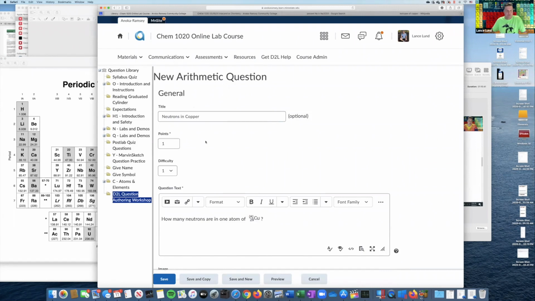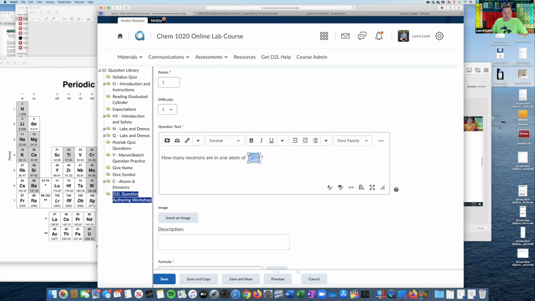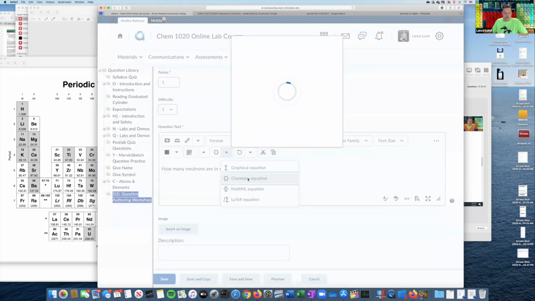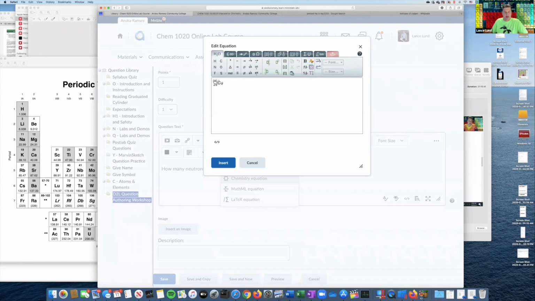So now we're going to change this to zinc. And let's see, double click doesn't fix that. So I'm going to have to go in here and click on the chemistry equation editor. There we go. Pops that back in. So I'm going to change this from Cu to Zn.